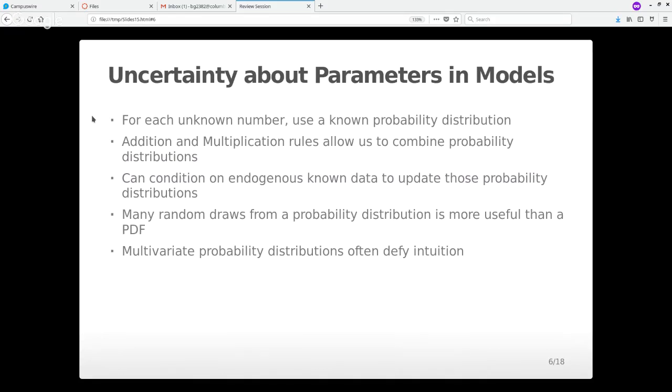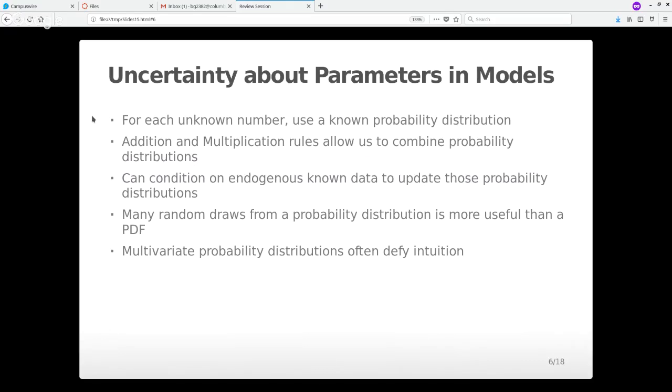And so the practice until fairly recently of putting improper priors on parameters is not a particularly effective one, because you can't draw from an improper distribution. It's not an actual probability distribution, it can't possibly represent what you believe because it doesn't integrate to one.